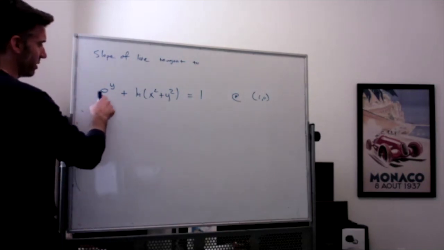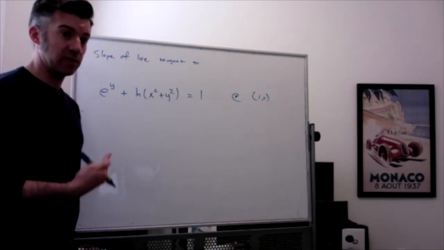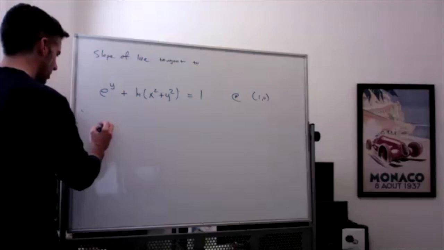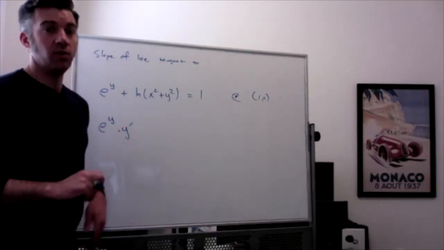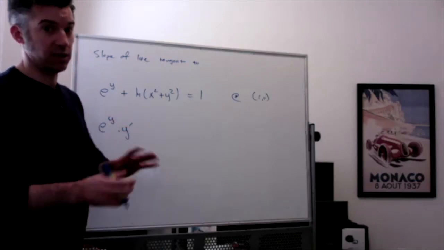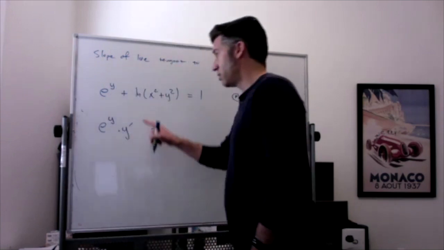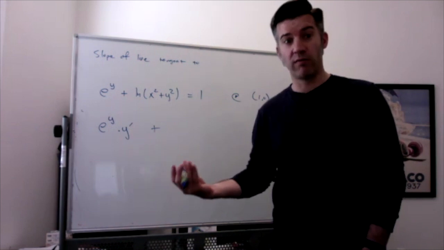So what's the derivative of e to the y? Well, the derivative of e to the stuff is e to the stuff times the derivative of the stuff. So the derivative of e to the y is e to the y times y prime. I should back up a little bit. When you're doing implicit differentiation, you want to take the derivative of the entire equation, so we're just differentiating both sides. The derivative of the natural log of some stuff is 1 over the stuff times the derivative of the stuff.